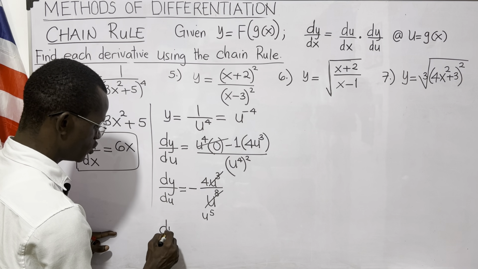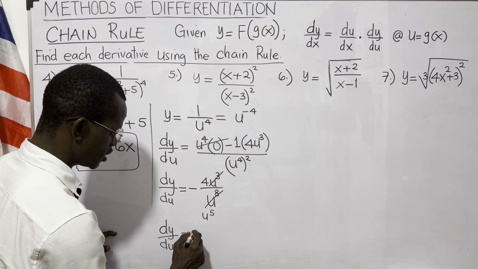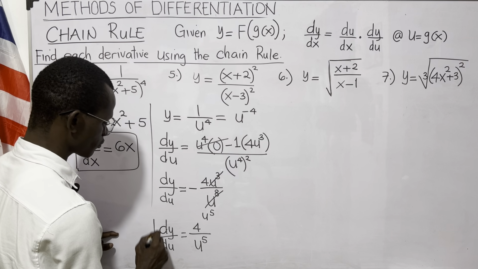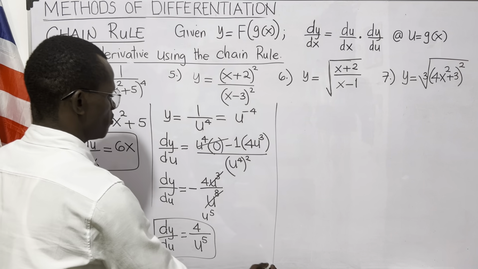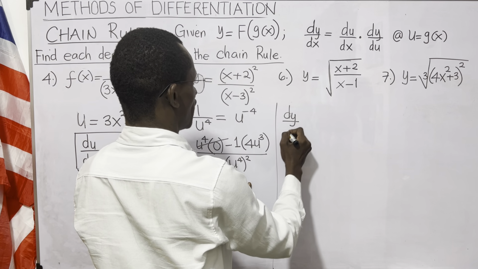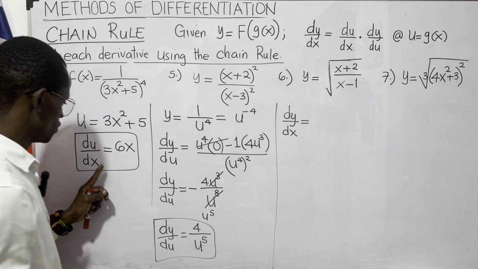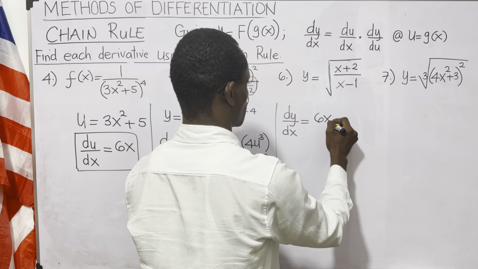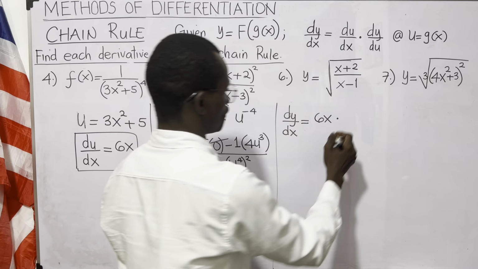So we will have dy by du equals minus 4 all over u to the fifth. So we've gotten the two of them. Let's put them in now. So we know that dy by dx is equal to du by dx. What is du by dx? 6x times dy by du, 4 over u to the fifth.